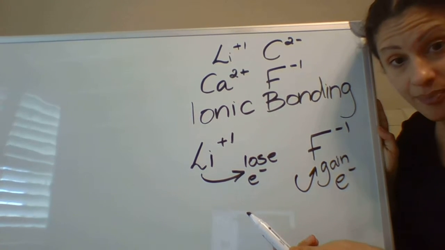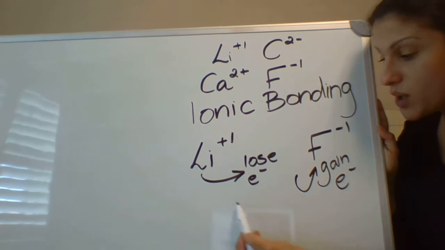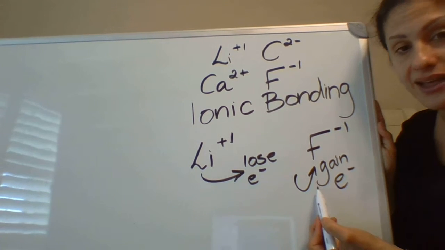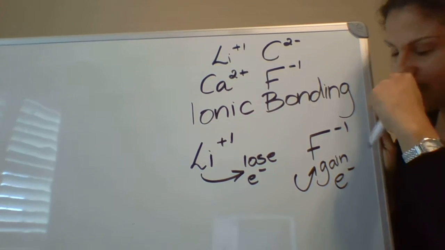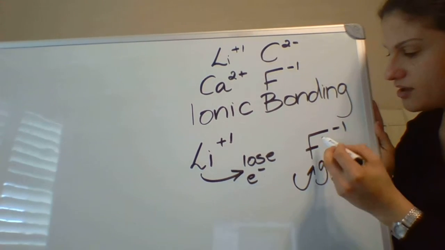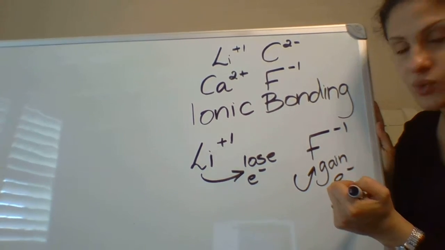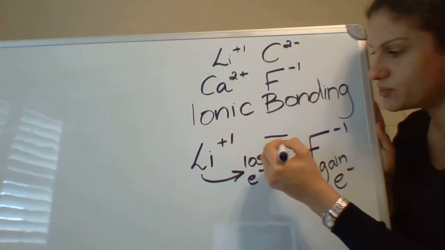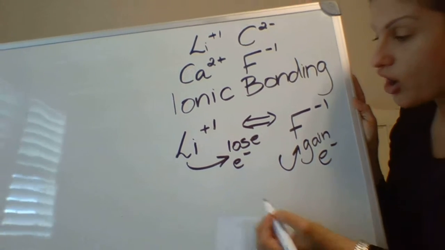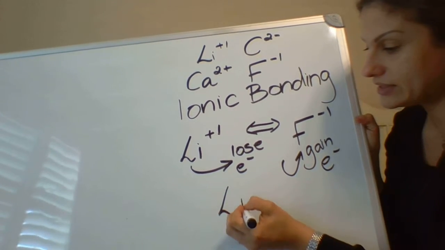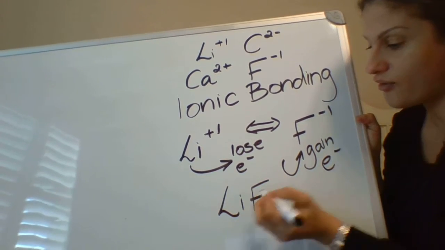So they pair up. Lithium will give fluorine that electron that it wants. So lithium will then end up with +1. Fluorine ends up with -1. They are attracted to each other, and we end up with a compound called lithium fluoride.